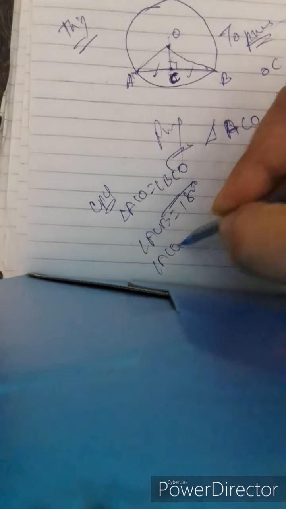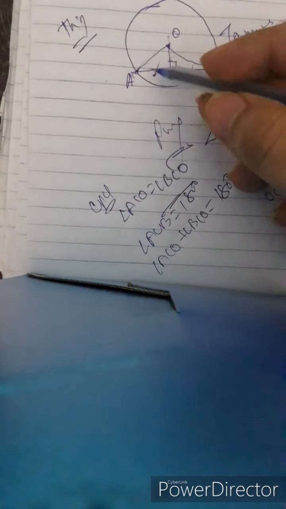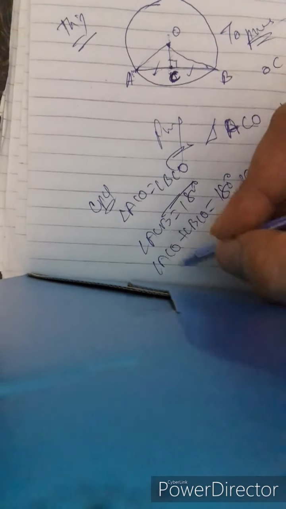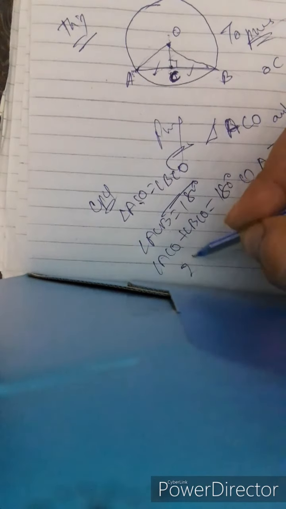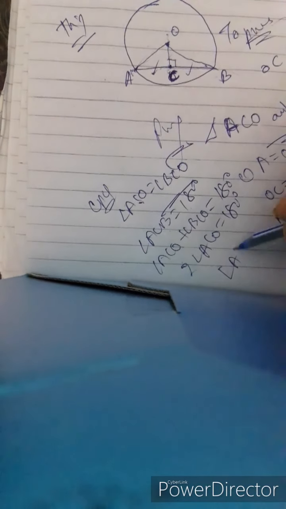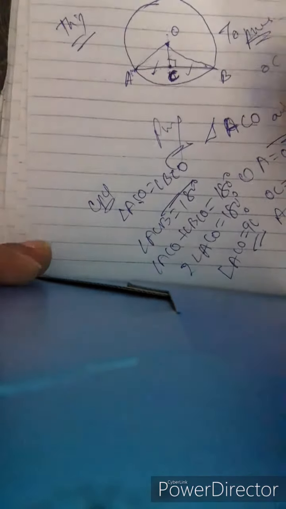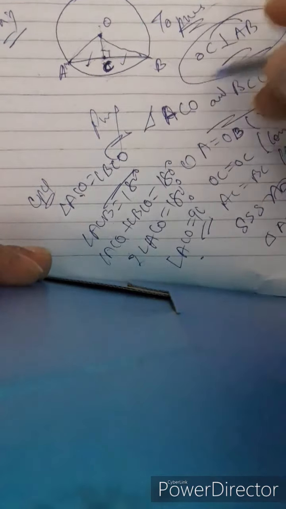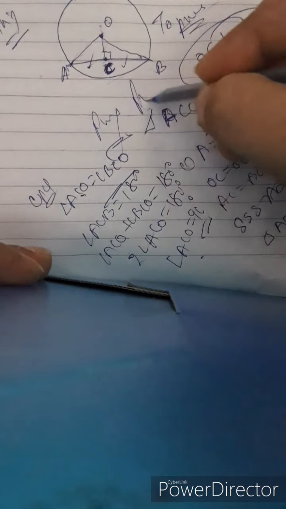Therefore, angle ACO plus angle BCO equals 180 degrees. Since ACO equals BCO, twice angle ACO equals 180 degrees. So angle ACO becomes 90 degrees. Since angle ACO is 90 degrees, angle BCO is 90 degrees, therefore it is proved that OC is perpendicular to AB. Hence proved.